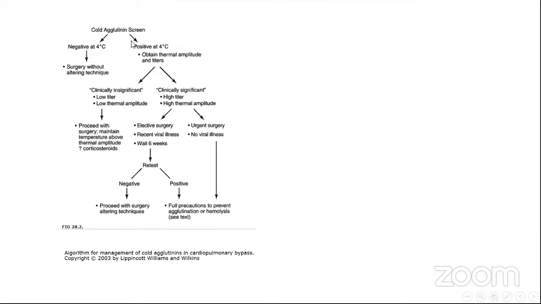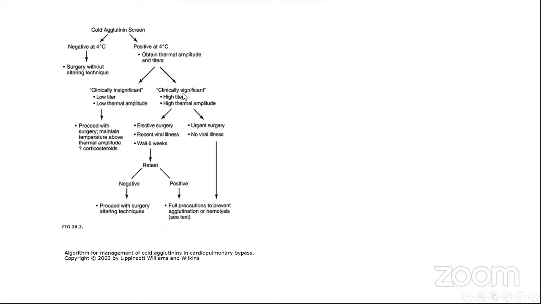But if the agglutinin test is positive, we have to obtain the thermal amplitude and titer afterwards. We have to know how much titer of the agglutinin we have and at what temperature the agglutinin is activated. If it's clinically insignificant, which is low titer and low thermal amplitude, you can proceed while maintaining temperature above the thermal amplitude.